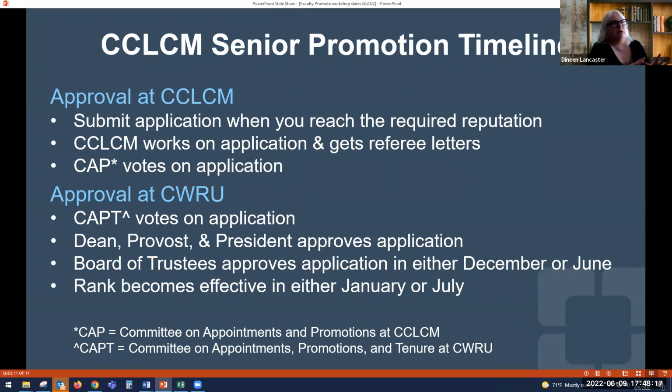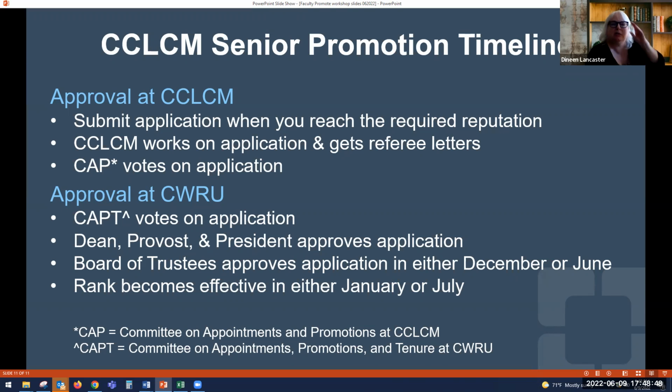So here's a little timeline of what happens with senior promotions. You're going to submit your application when you've reached the reputation that you need. And we will work on your application and tell you if anything needs to be corrected. A lot of people are worried that once they hit submit, they can't change anything. If we deem something needs changing, we will ask you to do it. You're always encouraged to update your CV, and we work with you to get the application the best it can be.